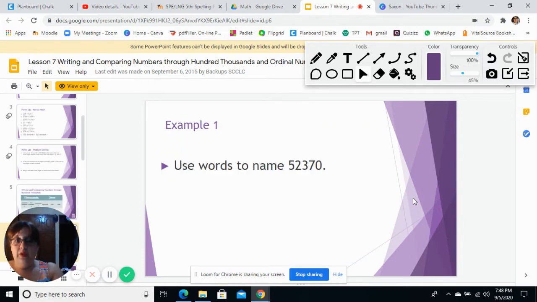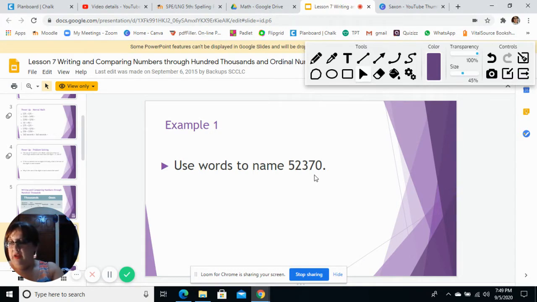Okay, so we want to be able to use words to name this value. Okay, we want to be able to use words in example 1. So write example 1 and first write this out, the digits, so that you remember what we were doing when you come back to look at your notes.